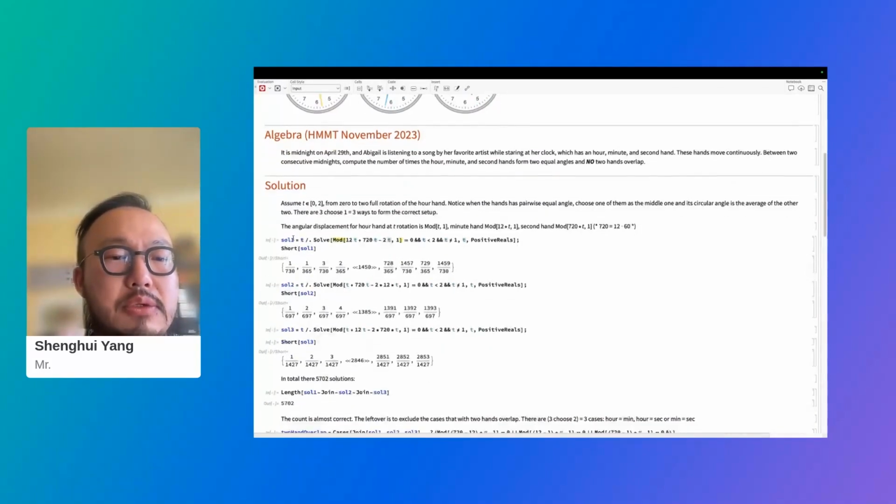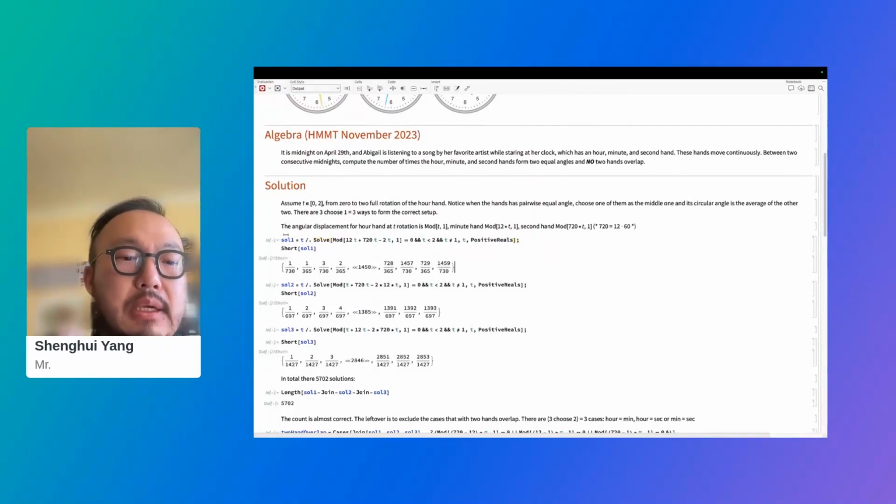And you just solve for t from 0 to 2, and exclude the 2 and exclude the 1, because at 1 you are at noon, 12 o'clock. All the 3 hands overlap altogether, so it must be excluded. And at 2, it is excluded. And the positive reals here exclude t equal to 0.